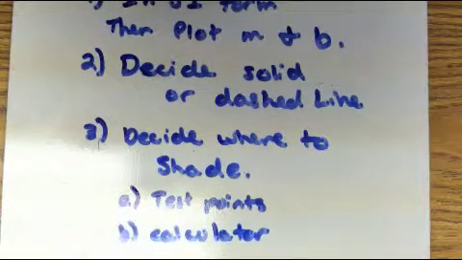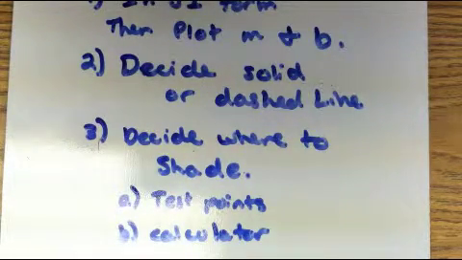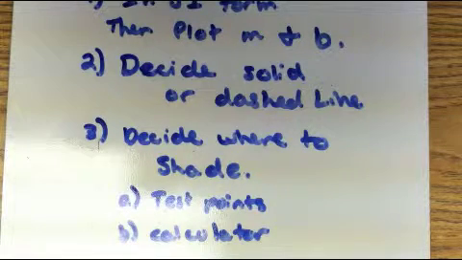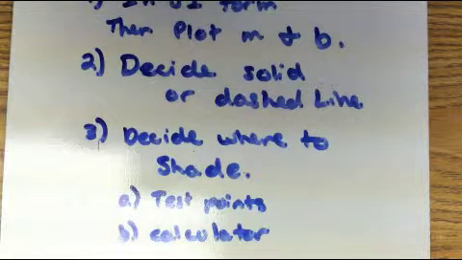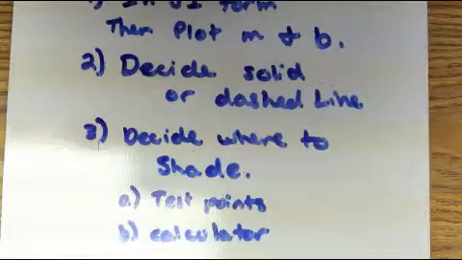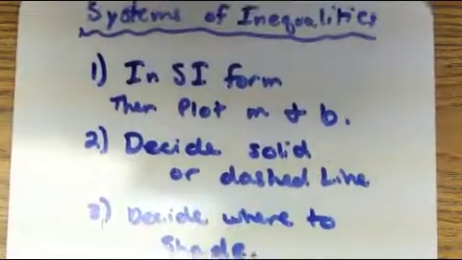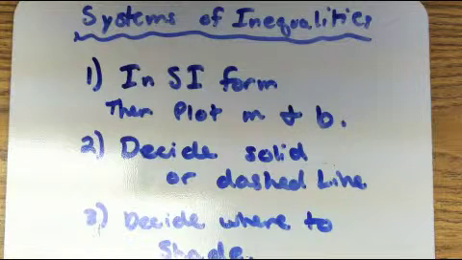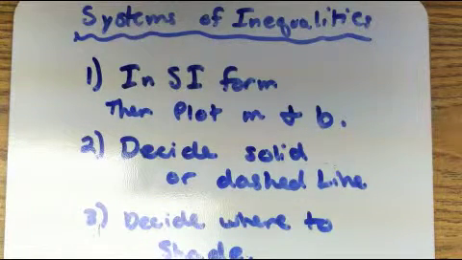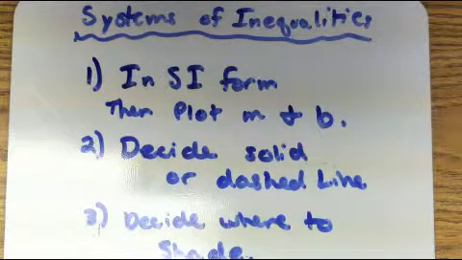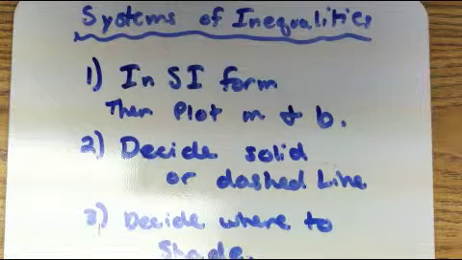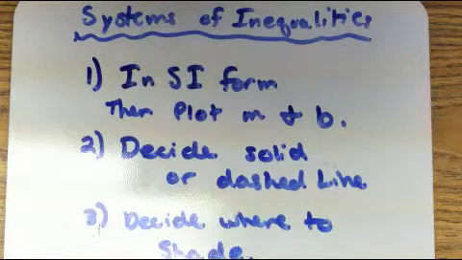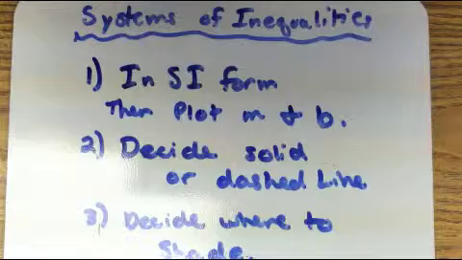It's up to you. I don't really care. Either way, you'll get the right answer. Okay? All right, so that's the basics of what we're going to be doing today with systems of linear inequalities. So let's go ahead. In the next video, we're going to actually start doing some examples of graphing systems of inequalities.